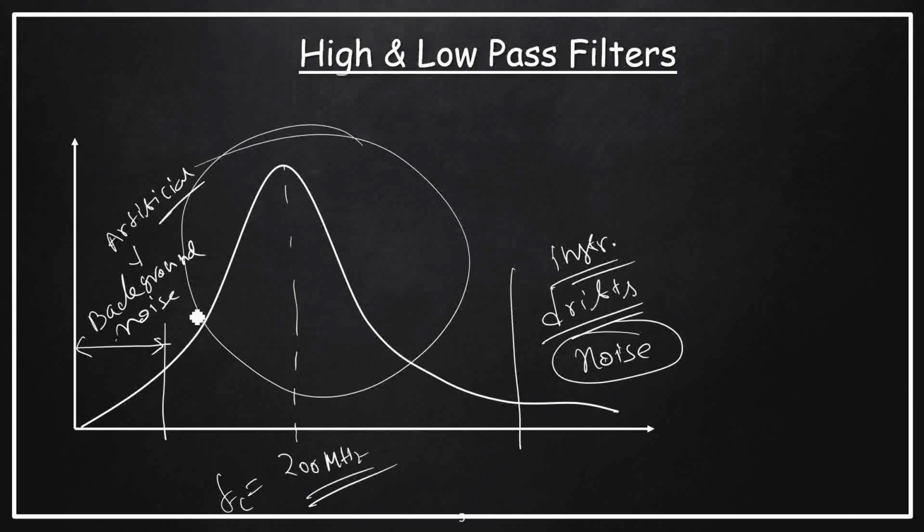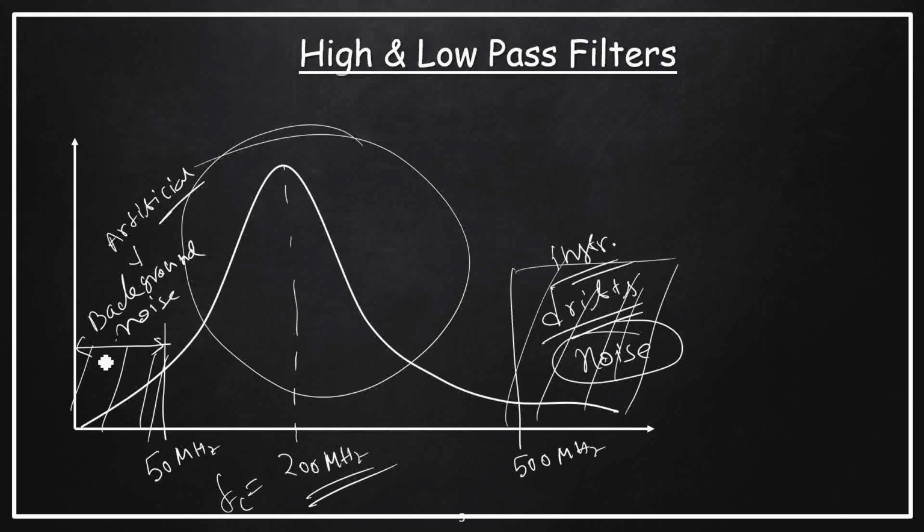So if I want to use only this part to increase the quality of the image, quality of the radiogram, I have to remove this portion and I have to remove this part. Suppose this is 50 megahertz, this is somewhat like 500 megahertz. This diagram is not to the scale, so whatever.